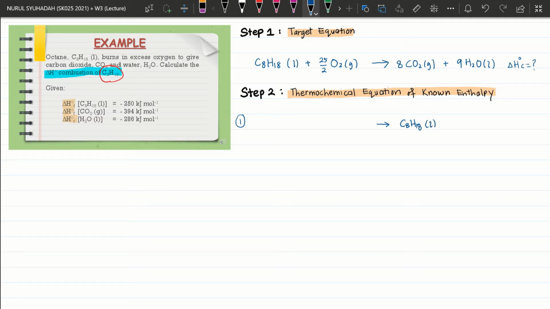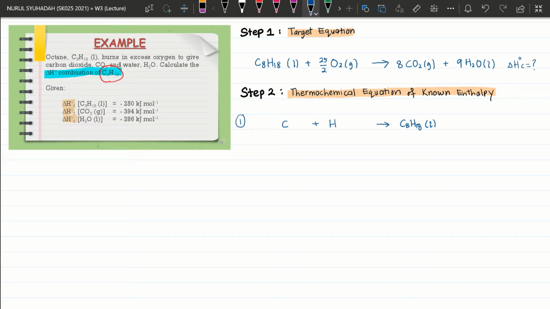Okay, and then liquid. 1 mole of compound forms from its elements. So what are the elements in octane? Carbon and hydrogen. So you write down carbon plus hydrogen, from its elements at their most stable state.